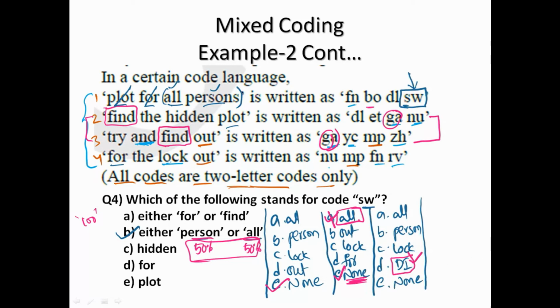Next, see if the options are all, next some out, next for, can't be determined, none of these. Then what is your option?